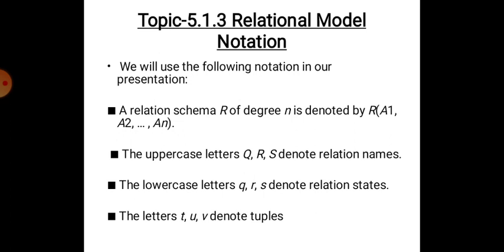So small letters denote the state of a relation, that is, when the database or table is populated. The letters t, u, v denote tuples. So students, we are going to use capital Q, R, S for the relation name, small q, r, s for relation state, and t, u, v for tuples.